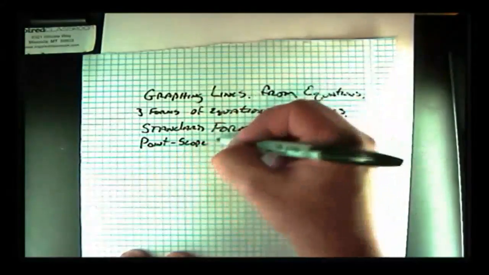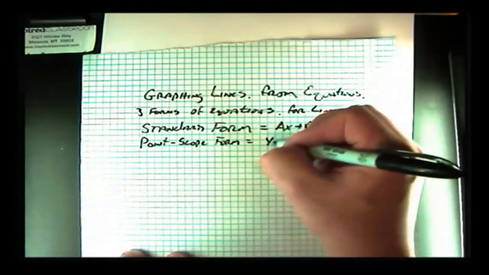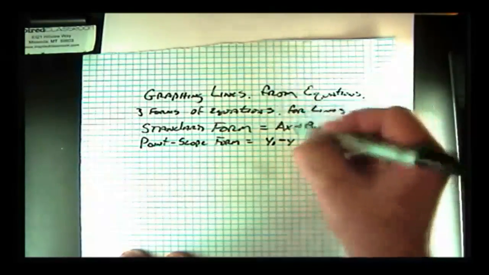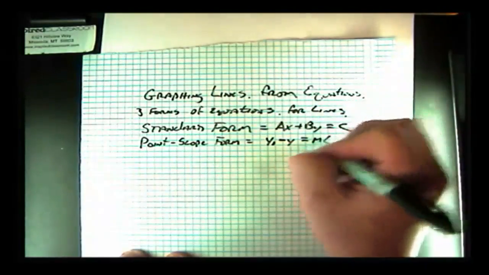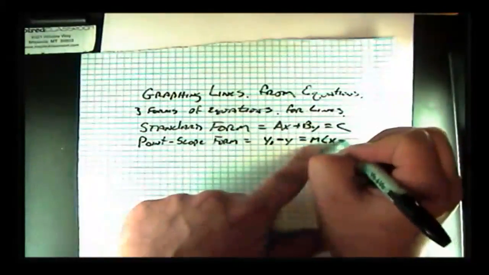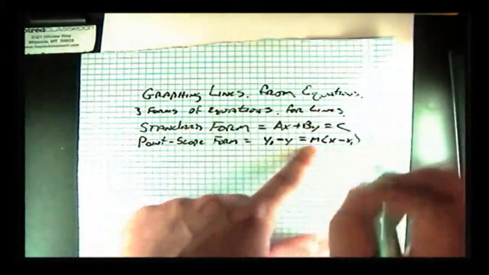You may also have seen point-slope form, where we have some y minus y1 will equal some m, so there's our m for slope, right? Times x minus x1.